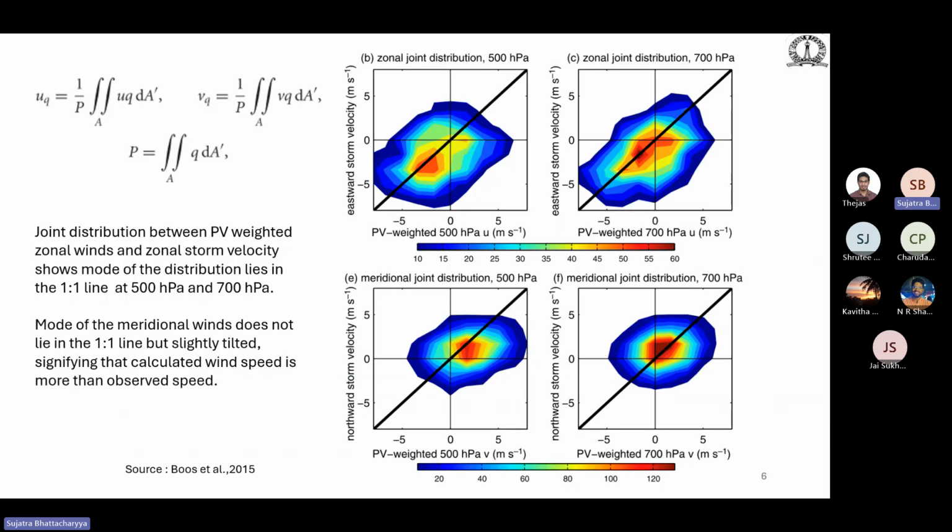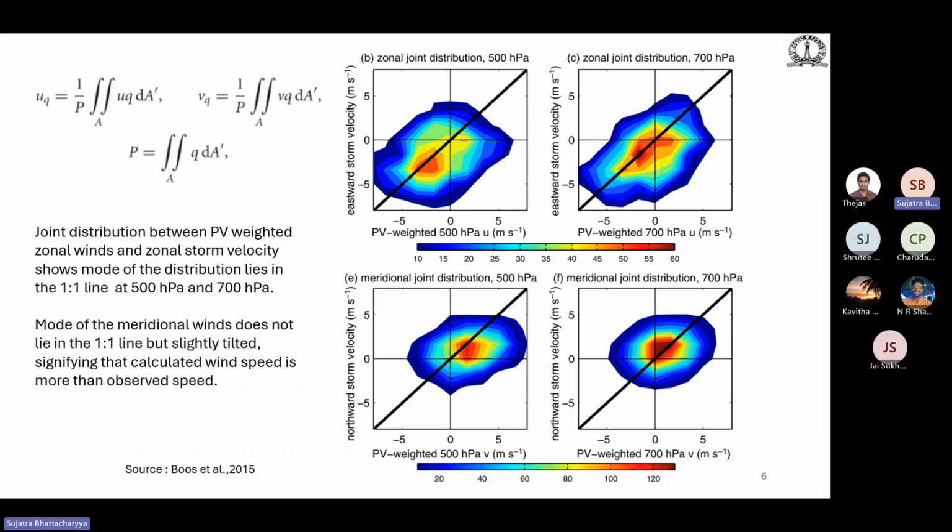the beta drift. So they calculated winds very close to the potential vorticity core. Their idea was that the maxima of the potential vorticity core at a particular level is being advected by some winds, and those winds are basically the result of the beta drift effect that we mostly see for tropical cyclones. So they calculated the winds U and V, and they did a zonal distribution plot against the storm velocity.